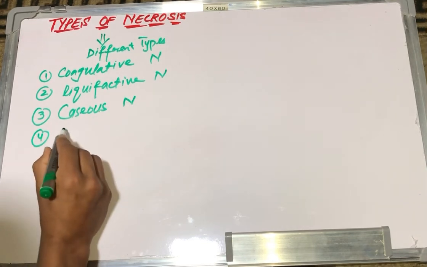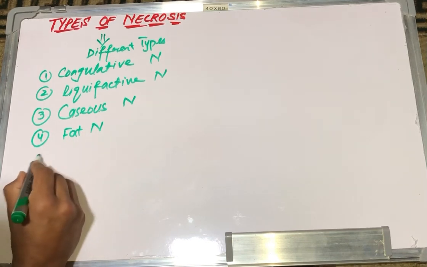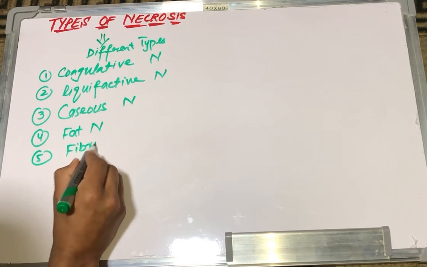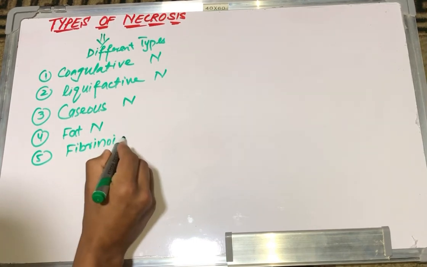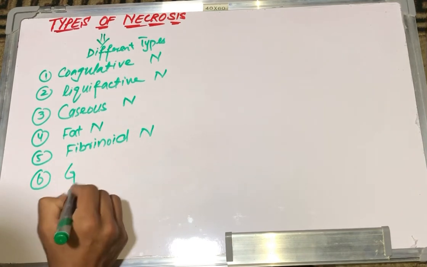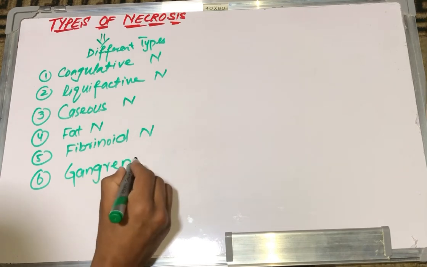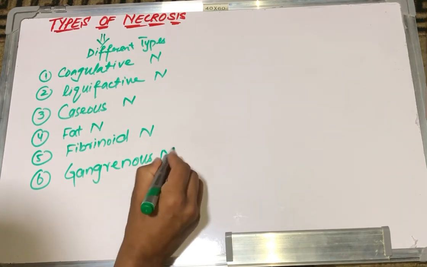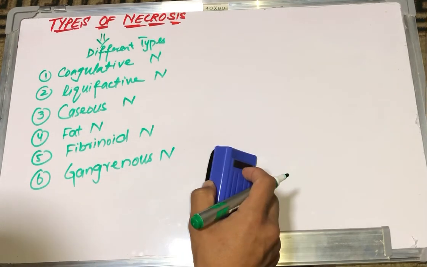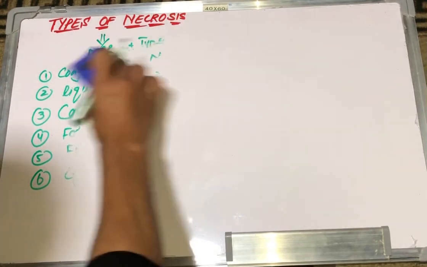Number four, fat necrosis. Number five, fibrinoid necrosis. Number six, gangrenous necrosis. These are the 6 types of necrosis. We are going to discuss all of them one by one.